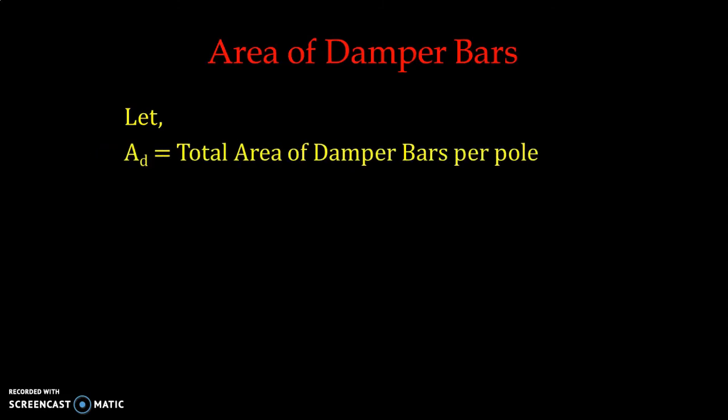Now let us consider the area of the damper bar as capital A with suffix D. A is for the area and D is for the damper bar. So AD is the total area of the damper bar per pole, and delta D is the current density in the damper bar.